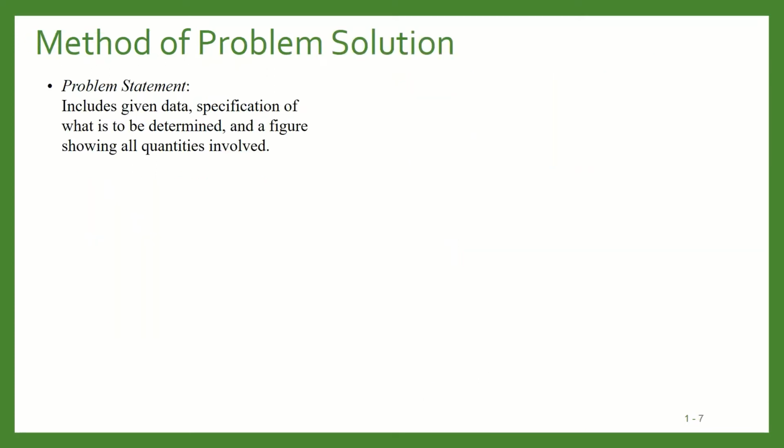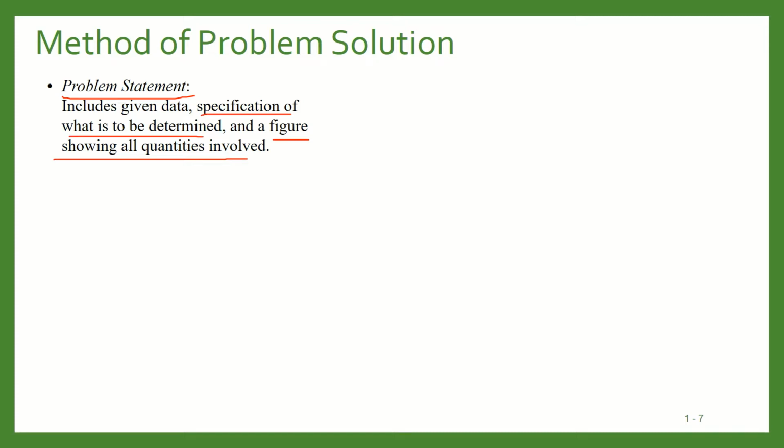Now we will see the method of problem solution, how you are going to solve your problems. So the first thing is the problem statement, meaning you should know about your problem clearly. Okay, what are the dimensions, the direction of forces if forces are applied, a figure showing all the quantities, and the specification of what is to be determined.